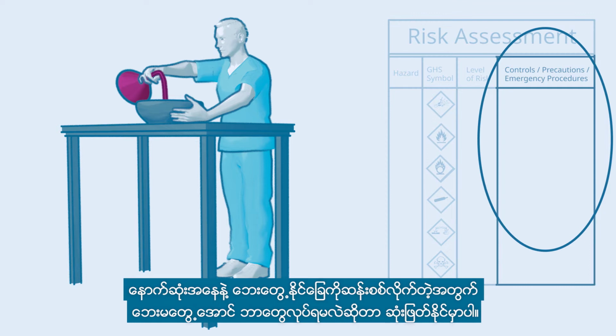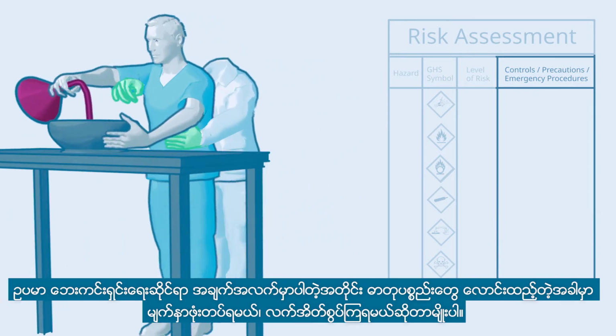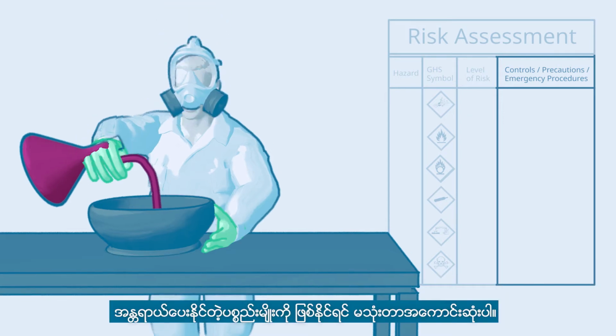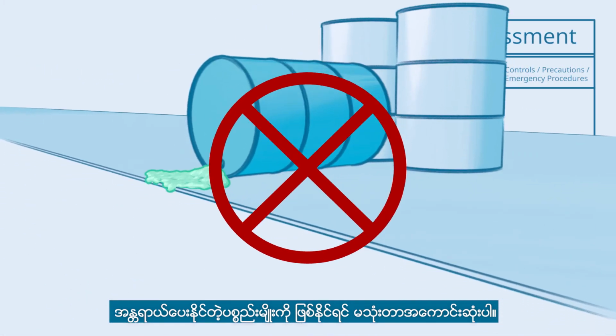Finally, the risk assessment helps to decide what actions to take for controlling the risk. For example, the worker may have to use protective equipment, such as a face shield and gloves, while pouring as prescribed in the safety data sheet. If feasible, the best option to control the risk is to avoid using such hazardous substances.